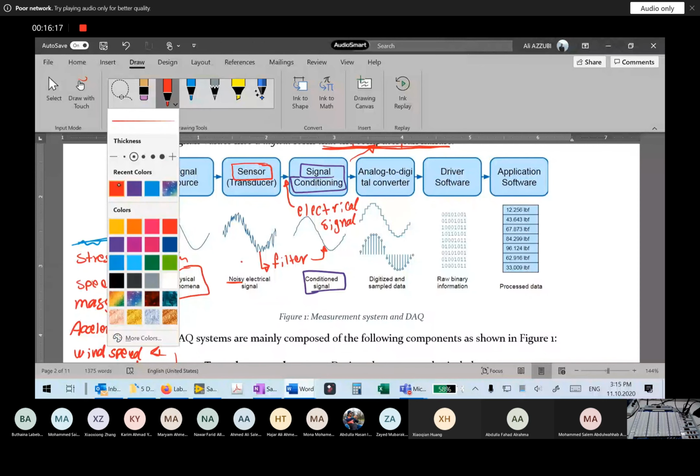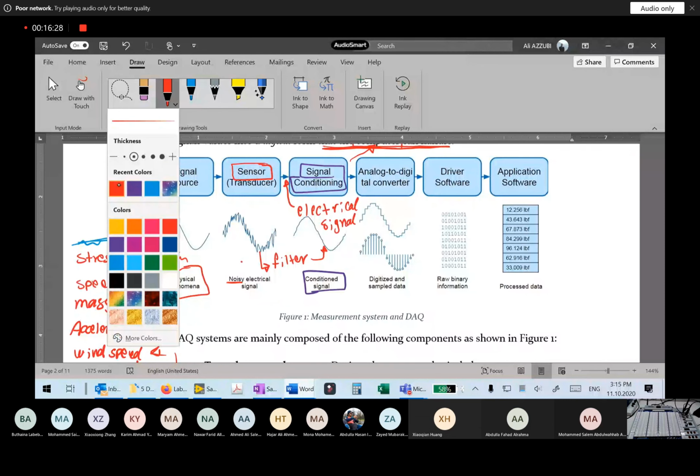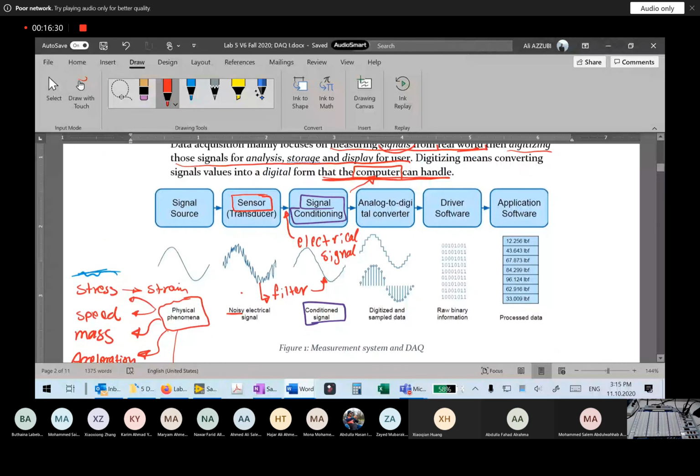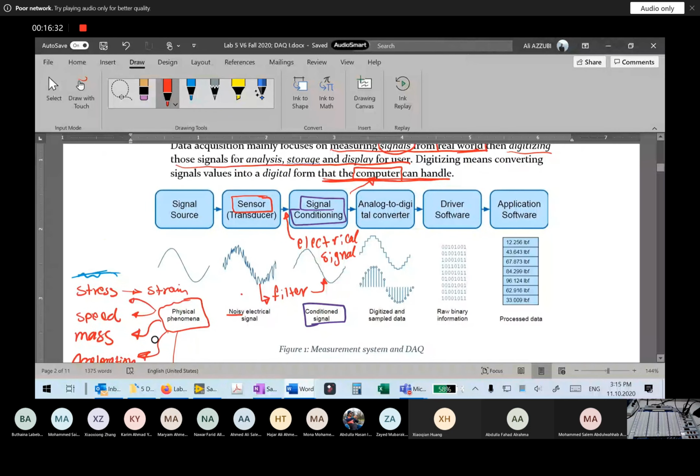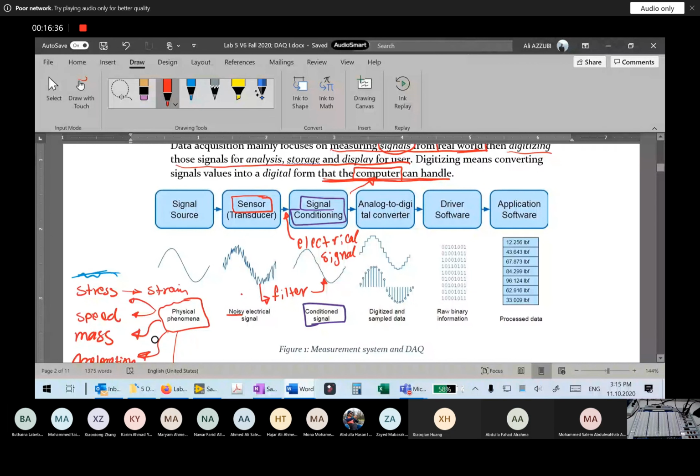Now, when my signal is filtered and ready for acquisition, I will use the analog to digital converter.